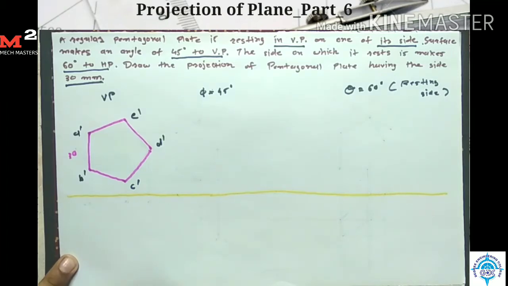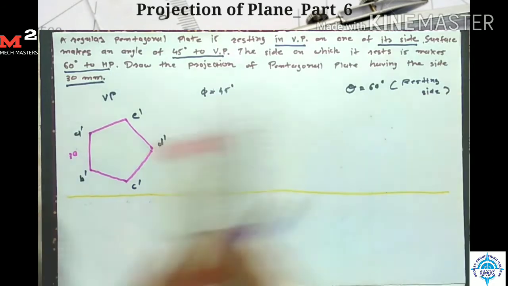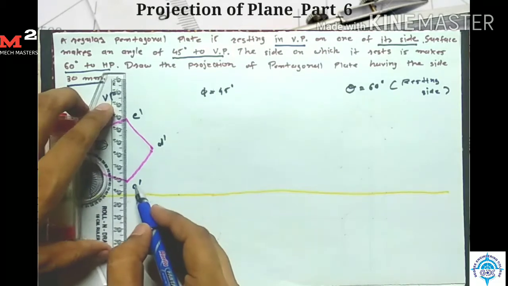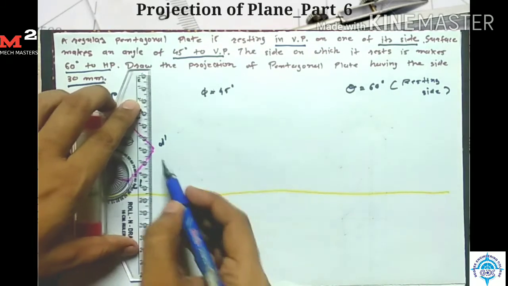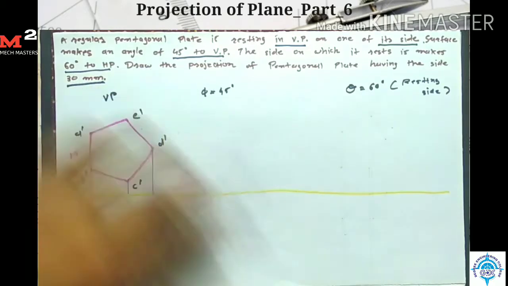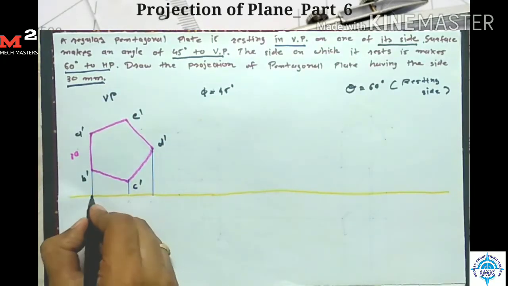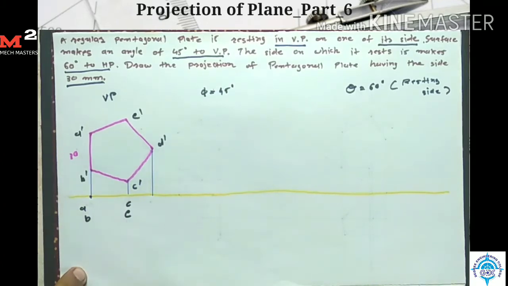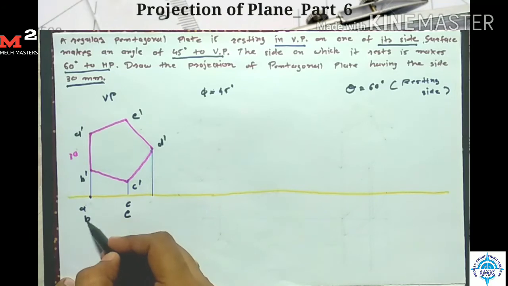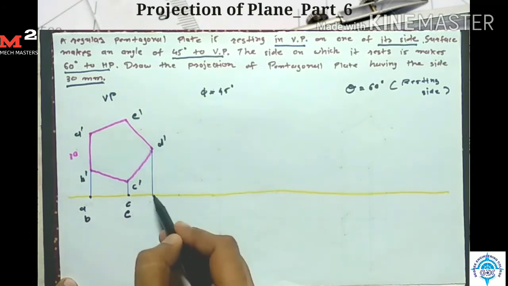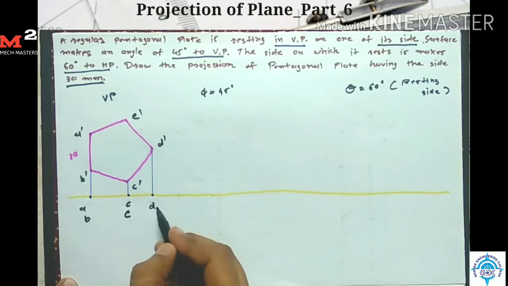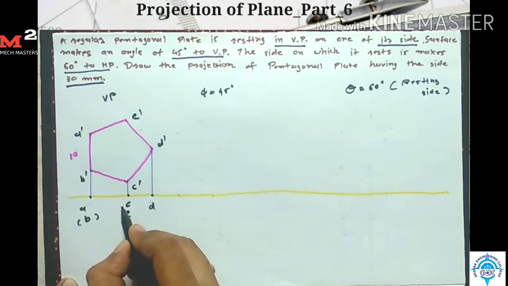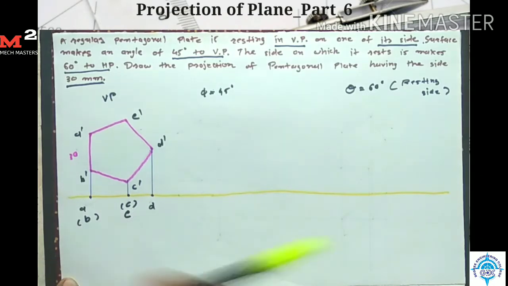Now, for drawing the top view, I simply take the projection. Here I get my point AB, here I get my points CE, and here I get my point D. If I see from the top, then points B and C are hidden points.